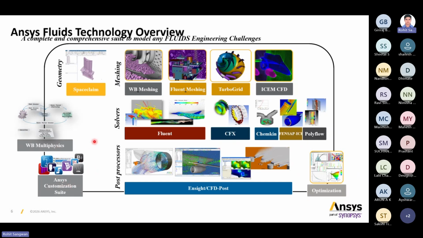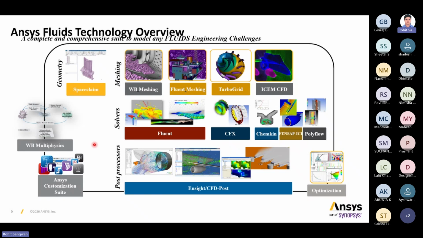Now then comes the next part. Now I have a battery, I have a complete battery pack which is fitted on the chassis of the car. Now with respect to fluid, I will find out the cooling part. Now if I want to see speed, and I'm doing fan cooling and the design is there, I want to do FSI, fluid structure interaction, then I can do it in the Workbench multiphysics.